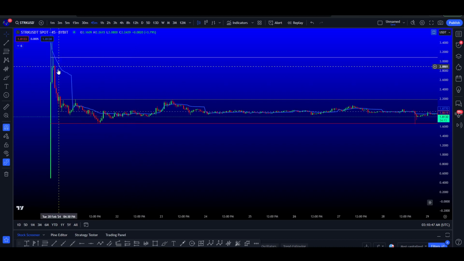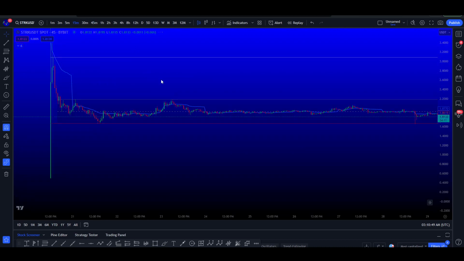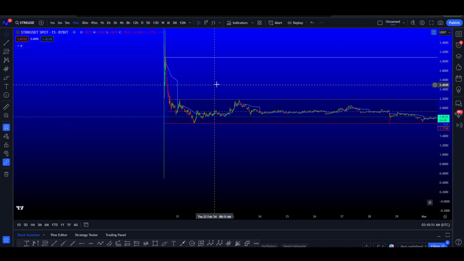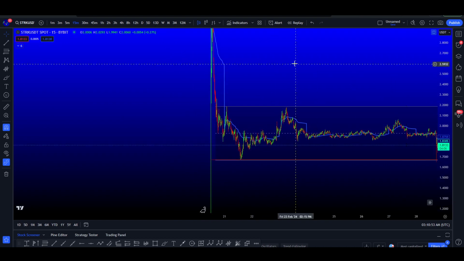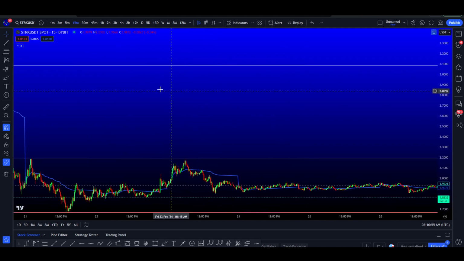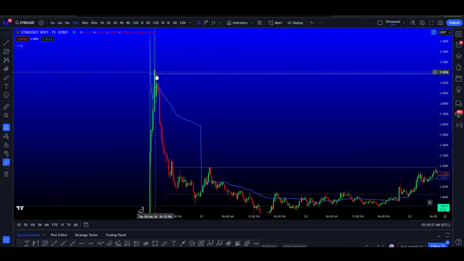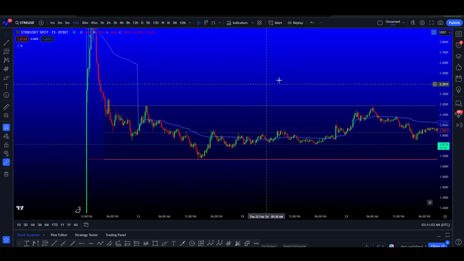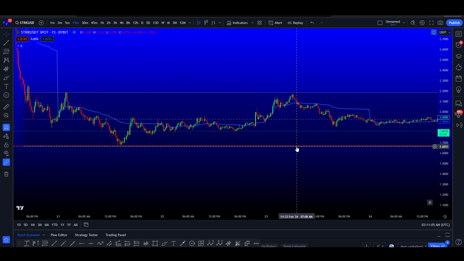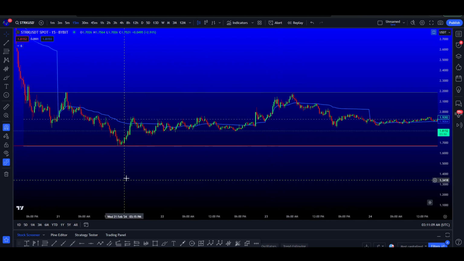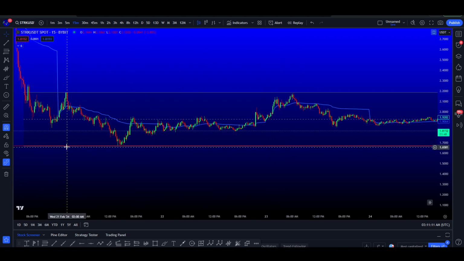So obviously resistance, price came up at some point. Not too much price action, so bear with me, but price did come up, basically tapped this area right here as resistance, came back down, and we're now trading within this range. The range sits between $1.67 up to $2.19.